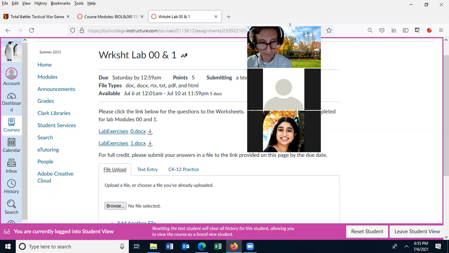I also accept rich text formatted files, and I think all word processors will save it as a rich text format, and I usually will allow a PDF document. Sometimes I'll allow you to submit a text document or an HTML document.